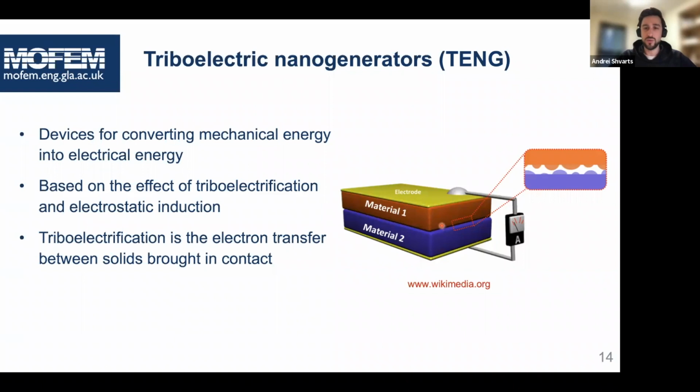How can this happen? Well, this happens when we bring a couple of layers of specific materials into contact and then connect a circuit to those layers. And in some particular circumstances, we can see current in such a circuit. What's the explanation for that? Well, that's a combination of triboelectrification with electrostatic induction.